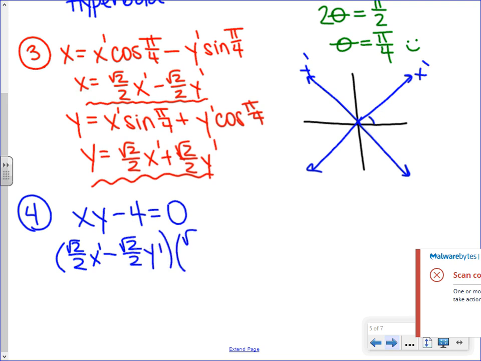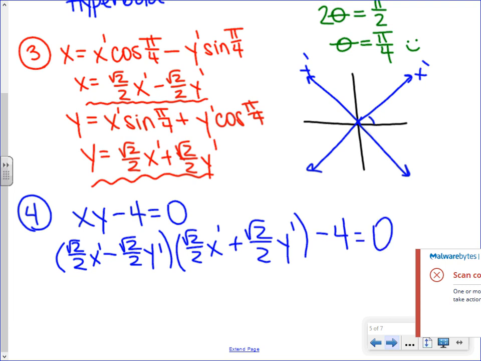And then we're going to throw in radical 2 over 2 x prime plus radical 2 over 2 y prime for y. You are going to make any multiplications. We're actually going to distribute and do all of that fun stuff.